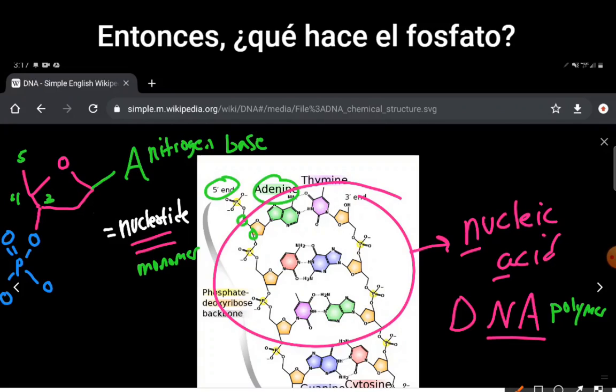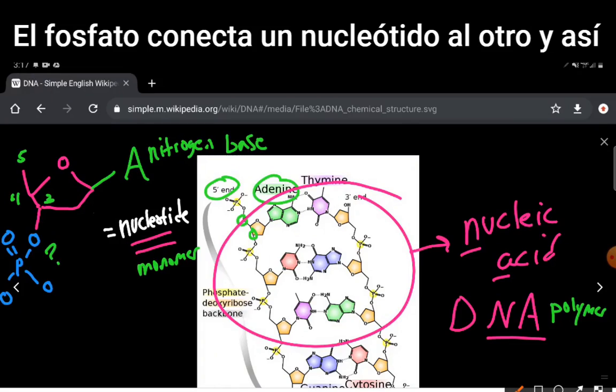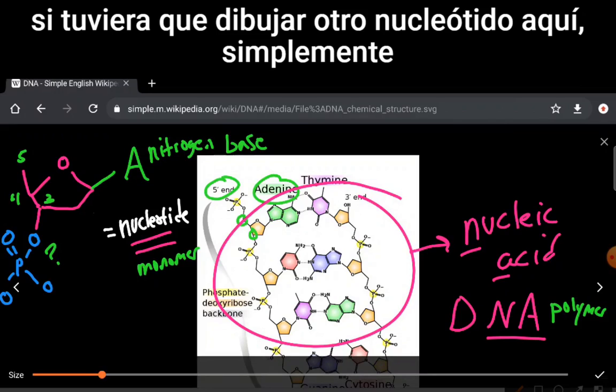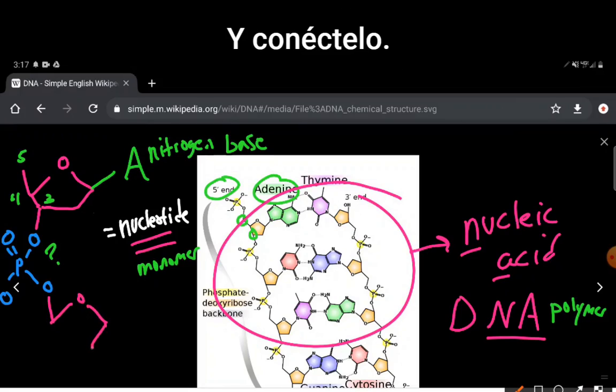And so what does the phosphate do? The phosphate connects one nucleotide to the other. And so if I were to draw another nucleotide here, I would simply take the 5' end of another deoxyribose sugar and connect it.